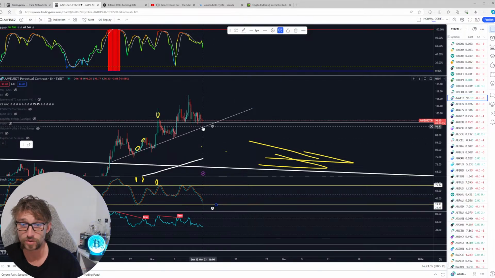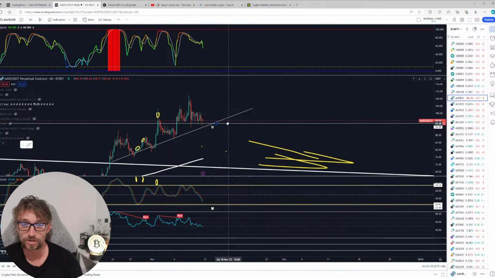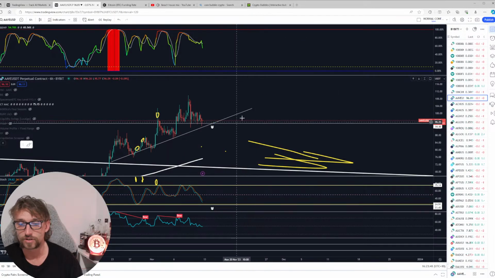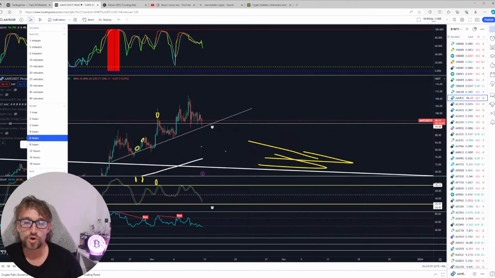It needs a bit more time to cook to see what it's going to do when it starts touching this line. Most likely need to refresh that line there, and I'll see if the stochastic ends up coming down into extremes, like my extreme on the stochastic momentum, 25. So AAVE could be a long. It's just following the trend, obviously. And it's 1, 2, 3, 4.